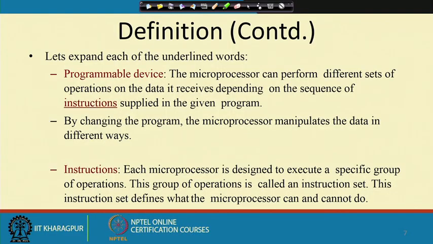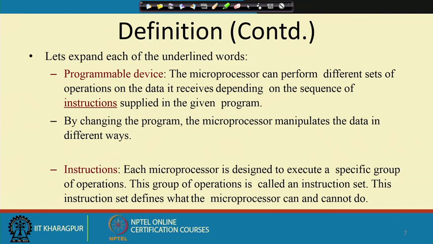Microprocessors, on the other hand, are programmable devices. They can perform different sets of operations on the data they receive depending on the sequence of instructions supplied in the given program. So, microprocessors are guided by the instructions.